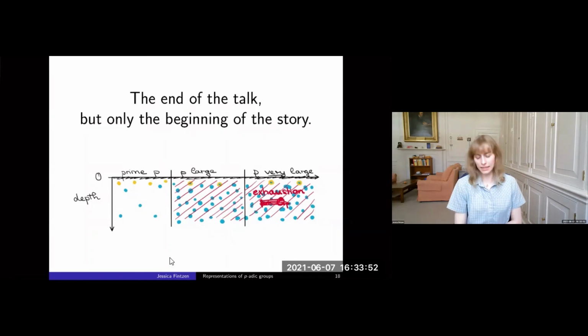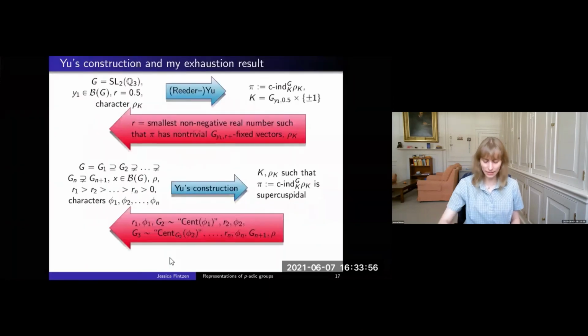So the idea is, let's go one slide back. I said that we have as input the depth 0 piece here. The depth 0 piece is a representation of a finite group of Lie type. And representations of finite groups of Lie type were constructed by Deligne and Lusztig.